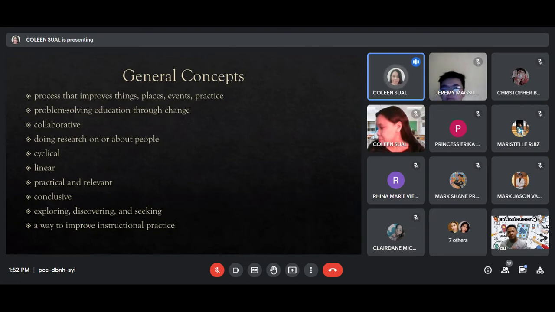You can be part of your research, but you need to ask other respondents to decrease the level of subjectivity. If you are the researcher and you are the only respondent, the results are not reliable. Involve other respondents. That makes action research collaborative.